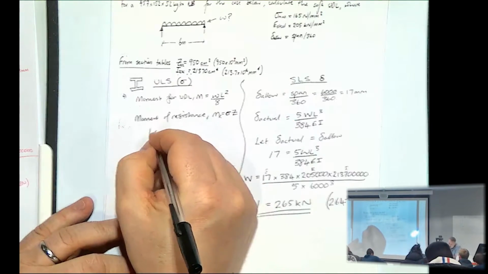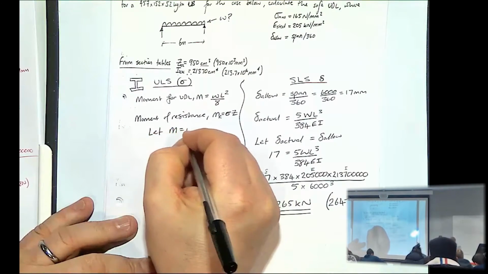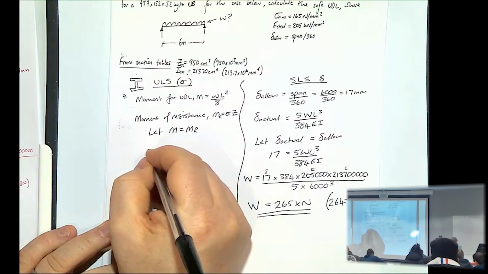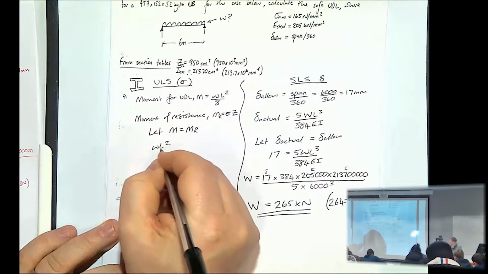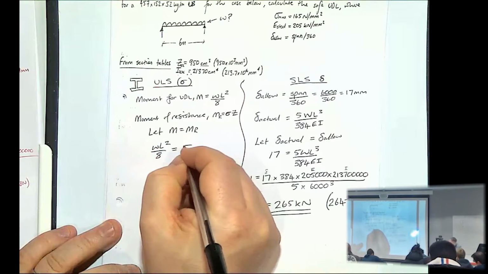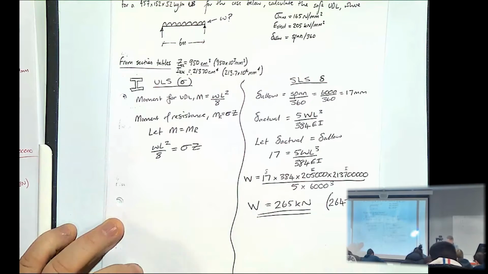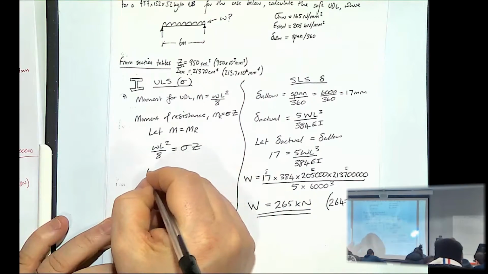So we'll let M equal the moment of resistance, and we end up with wL squared over 8 equals stress times Z. Rearrange them so that we have our w.